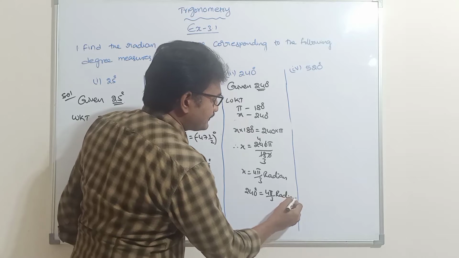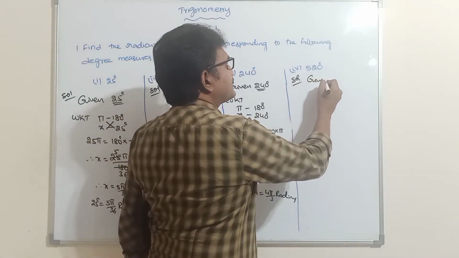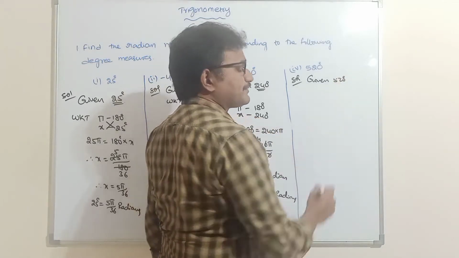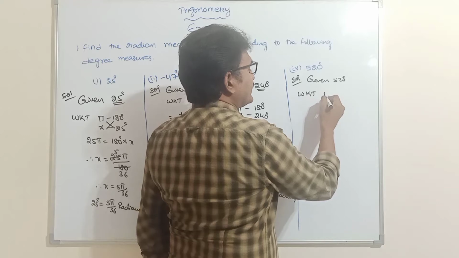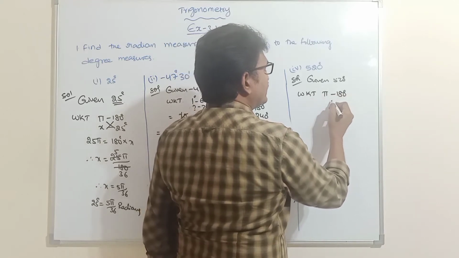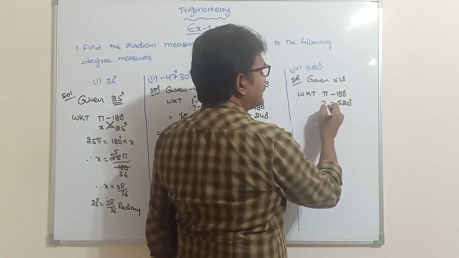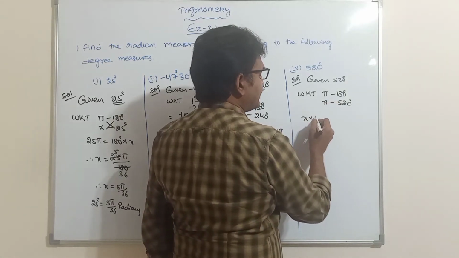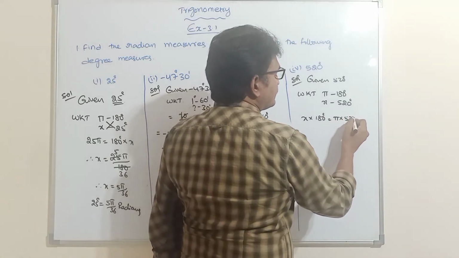Next, last problem, given 520 degrees. Convert this 520 degrees into radians. We know that pi radians is equal to 180 degrees. 520 degrees is equal to how many radians? Let it be x. So 180 into x is equal to pi into 520.